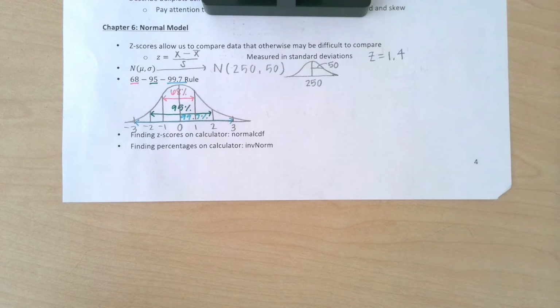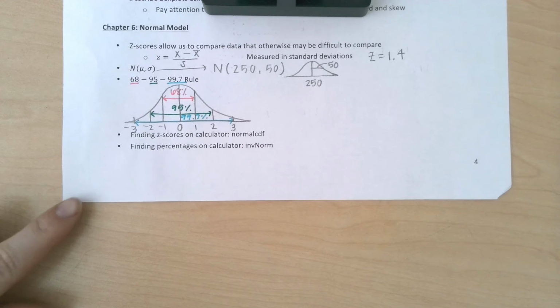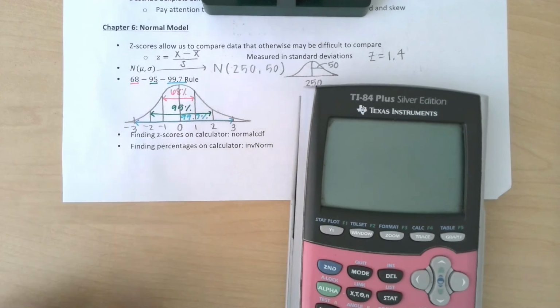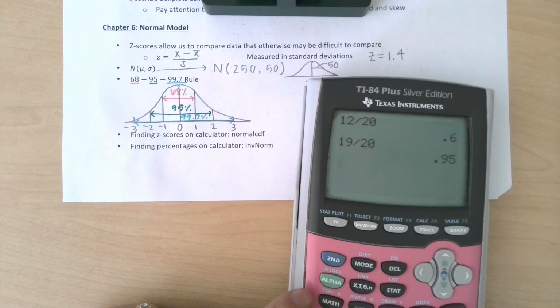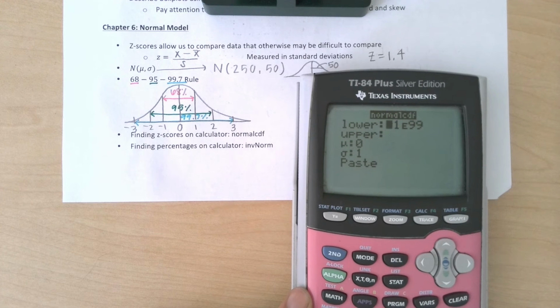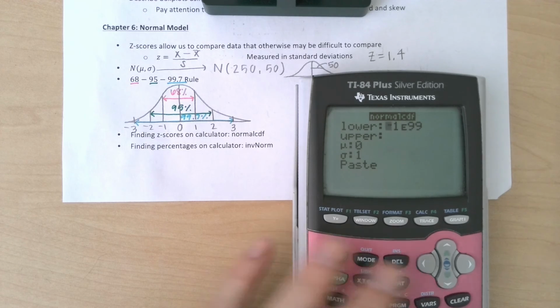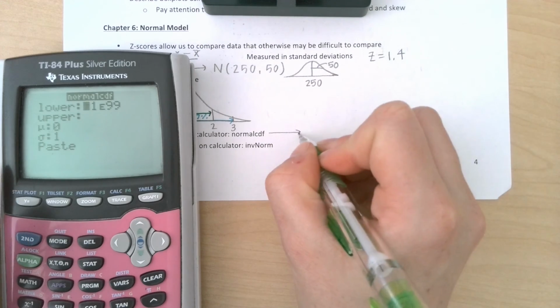There's 2 main calculator functions that you want to know pertaining to that normal model. The first one is finding a percentage on your calculator, so we would use normal CDF here. Normal CDF is going to be under our distribution, so I'm going to go to second vars, normal CDF. I'm going to type in my lower and upper bound, so let me just give you a quick example here.